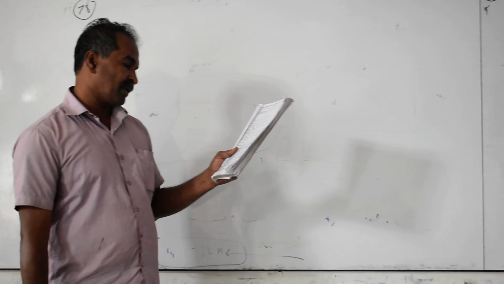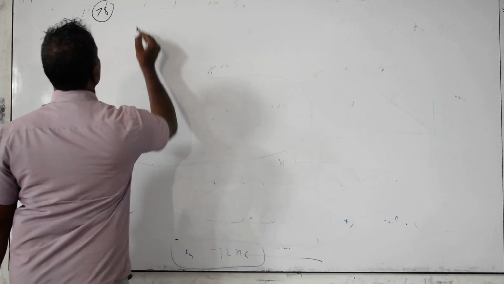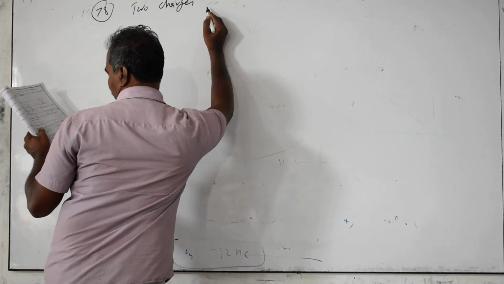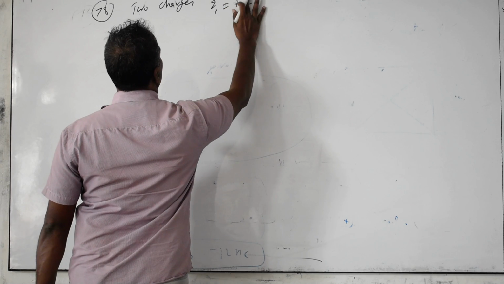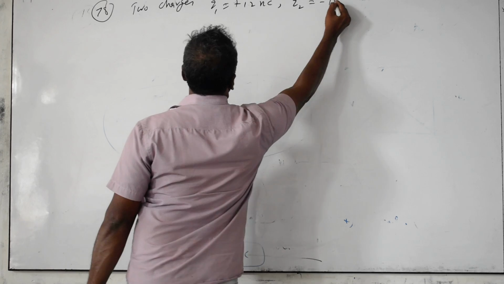They are placed 10 centimeters apart. What is the potential at a point 6 centimeters from Q1? Q1 is plus 12 nanocoulombs, Q2 is minus 12 nanocoulombs.